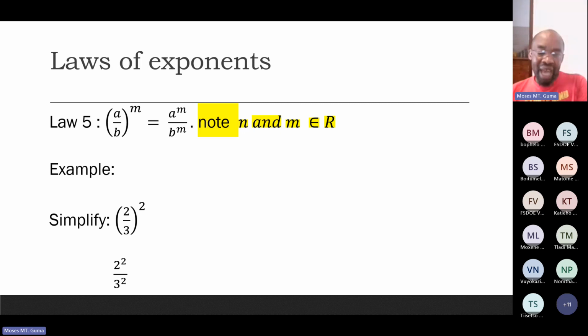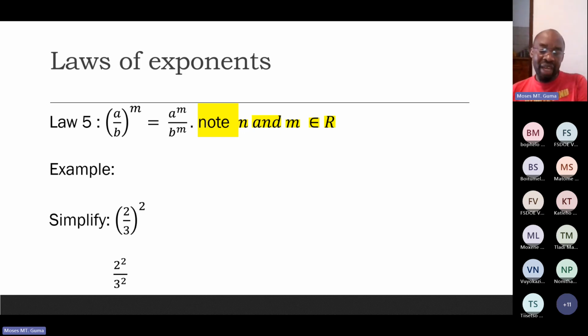You go to b again, which is raised to power 1. Never forget that. You multiply m by 1, you get b to power m. Now, your whole simplified power would be a to power m divided by b to power m.